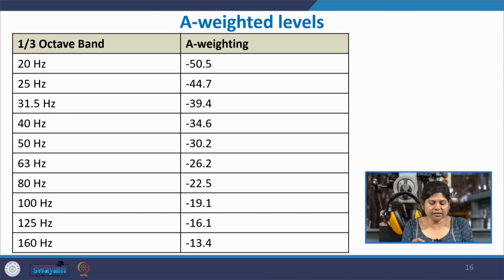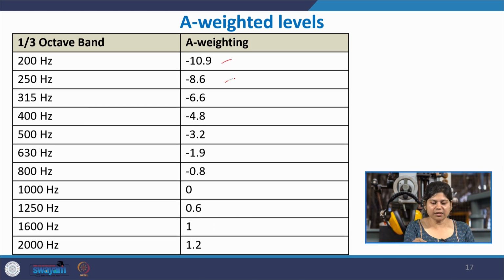As you see here, and as already anticipated, at lower frequencies we are reducing the actual levels to get how the human ear perceives it, because it is not very sensitive at these frequency ranges. So, we are adding these high negative terms, the highest at the lowest frequency, and then slightly decreasing as we go ahead, and from here onwards we have the sensitive zones.